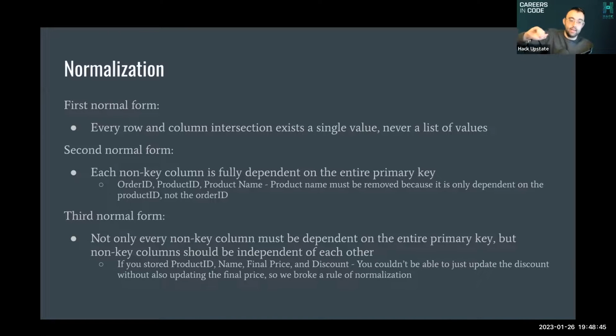The reasoning behind that is because if I go update the product name, now the product name in the products table is not going to be up to date in the orders table, which has both the product ID and the product name. In other words, it's a relational database. Make the data relational. Don't store all the order information in the orders table. Make a products table and relate the products table to the orders table.